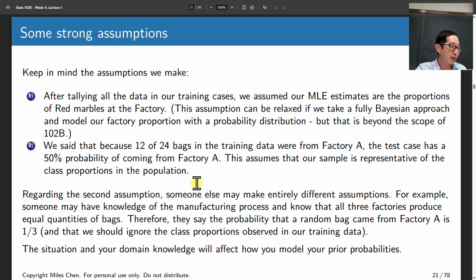And again, if we work for the marble factories or marble company and we go, oh yeah, I actually know about the global supply chain, and I know that factory A and factory B have the same kind of output, and so whatever happened, you ended up with fewer factory B marbles or something. We would adjust all of that, but right now we're just assuming all of this, okay?